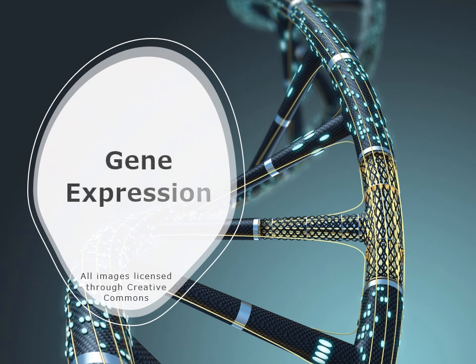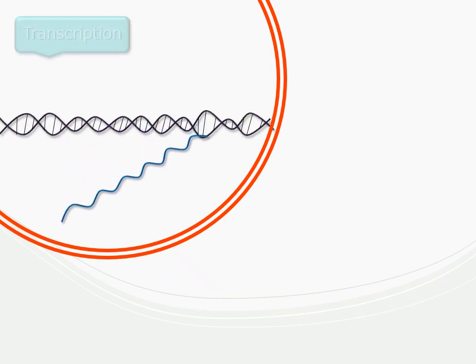Hi everyone. In this video, we're going to look at an overview of the process of gene expression, that is, using information in DNA to make functional proteins. Gene expression in eukaryotes starts in the nucleus with the process of transcription, the reading of DNA, and the synthesis of a complementary messenger, or mRNA molecule.